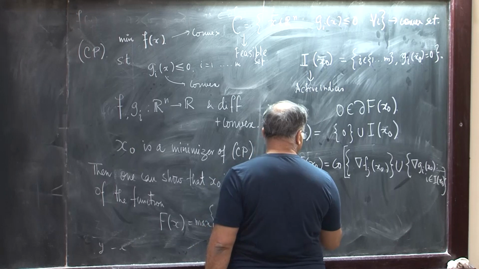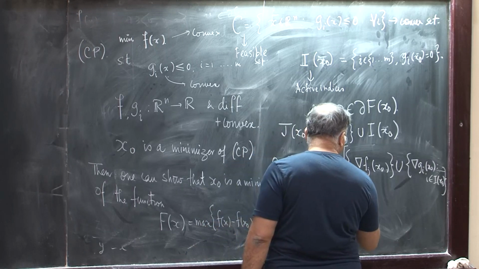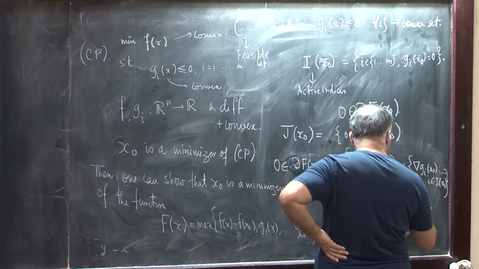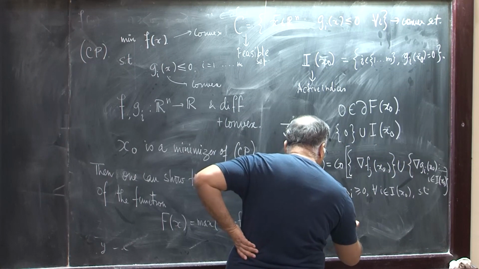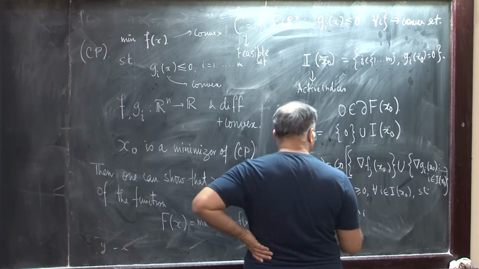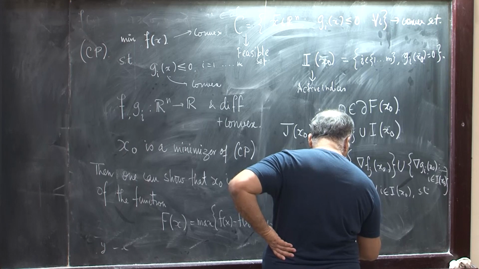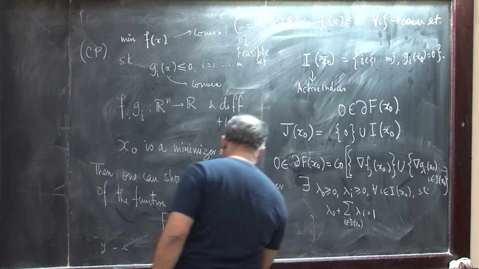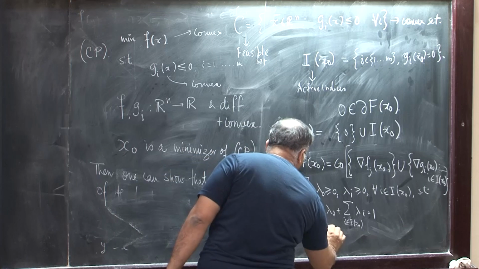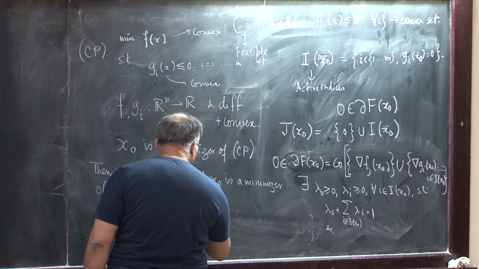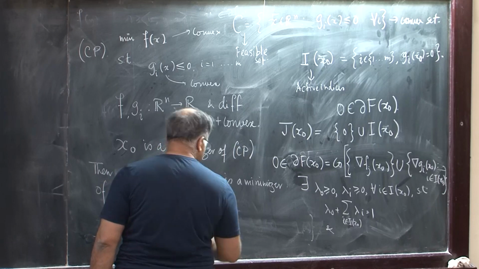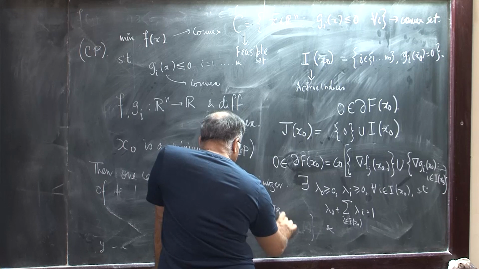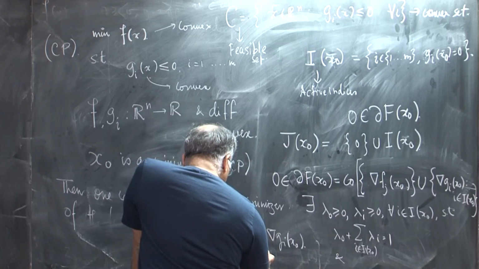So, there must exist lambda naught greater than or equal to 0, lambda_i greater than or equal to 0 for all i element of I(x naught) such that lambda naught plus the summation of lambda_i, i belonging to I(x naught), is equal to 1, and also 0 must be equal to lambda naught grad f(x naught) plus the summation of lambda_i grad g_i(x naught), i belonging to I(x naught).